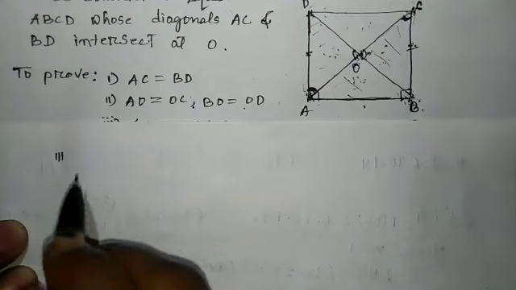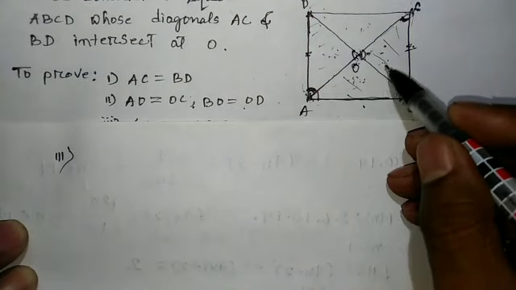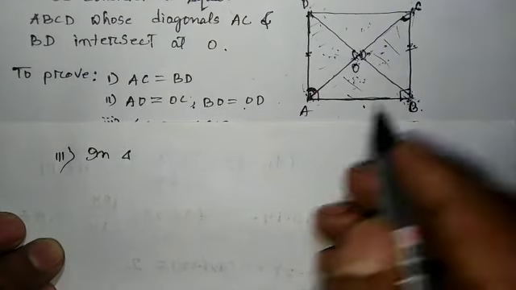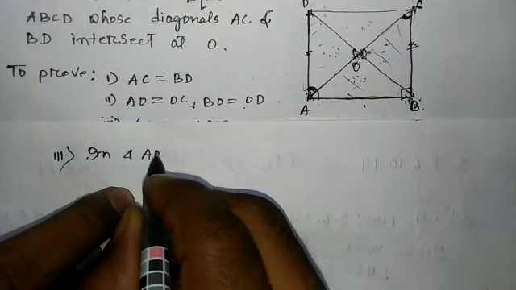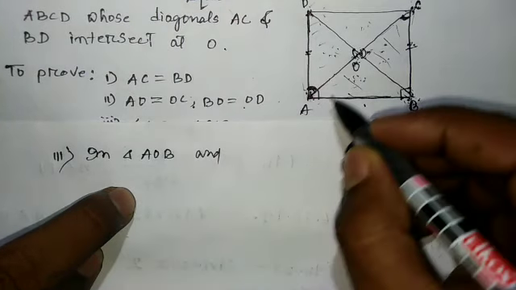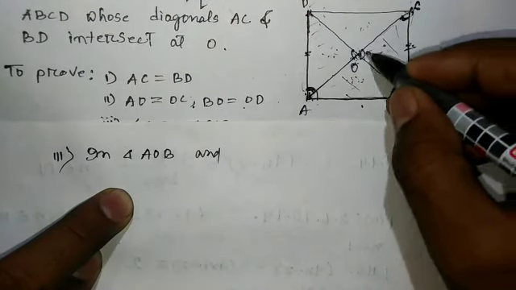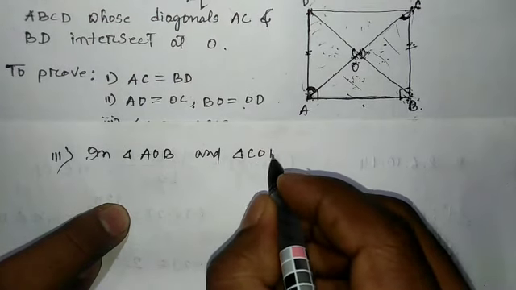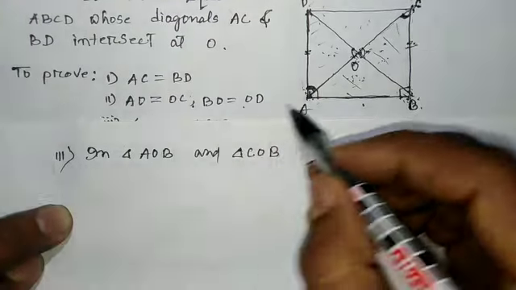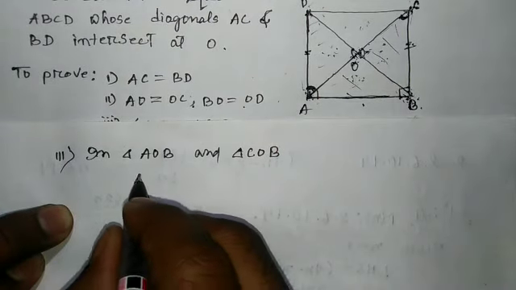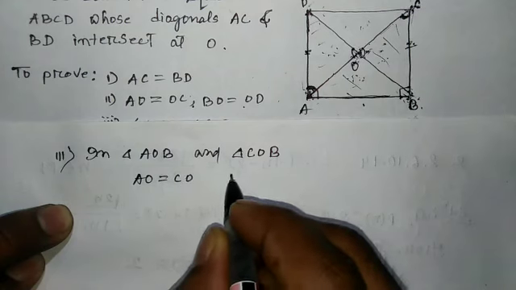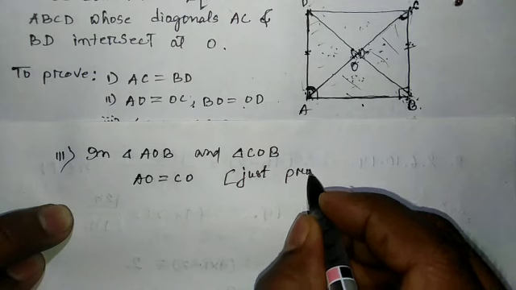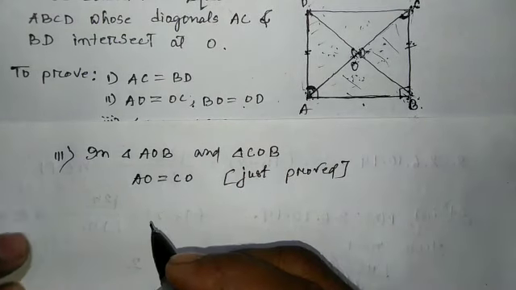So for part 3, we have to take these two triangles. In triangle AOB and triangle COB, AO is equal to CO. This was just proved in the previous section.